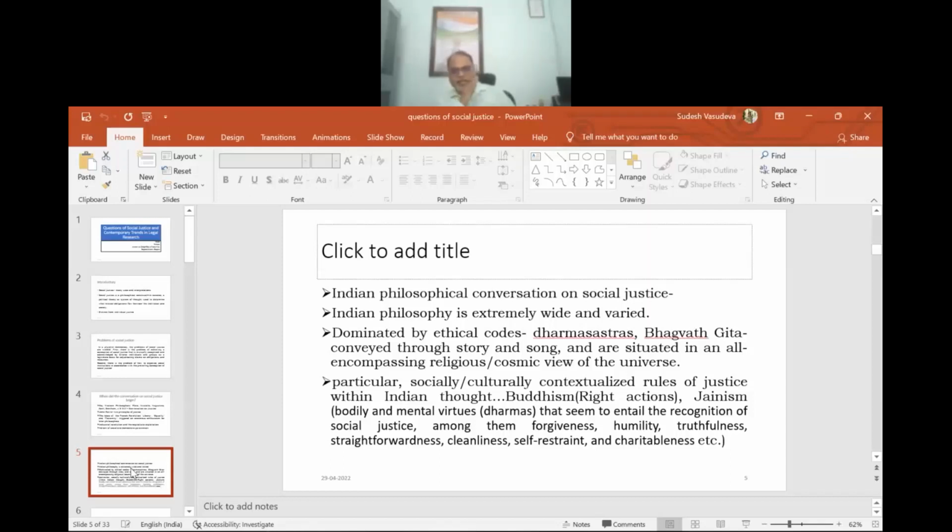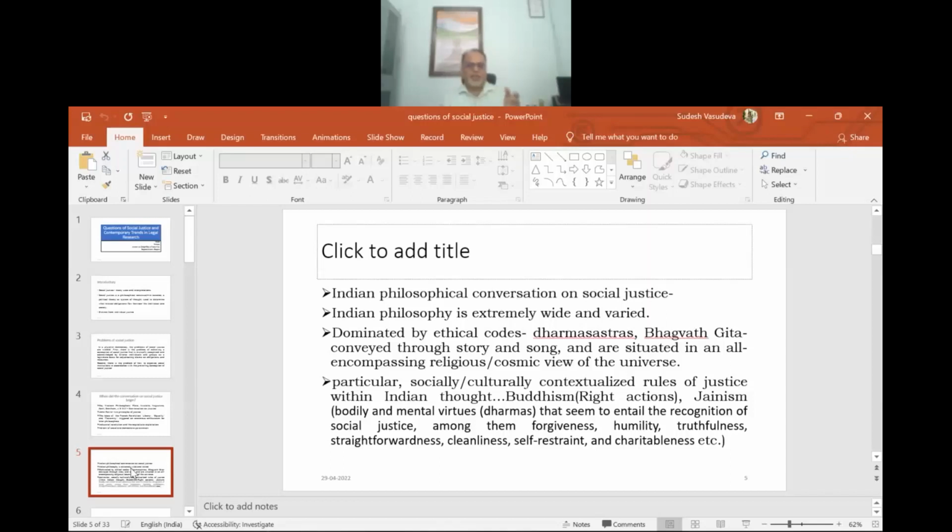Nevertheless, the latter part of the discourse on social justice somehow synthesized all these things. Now, be it Raja Ram Mohan Roy, Ishwar Chandra Vidyasagar, many like them, we find that social justice has been there in their thoughts.